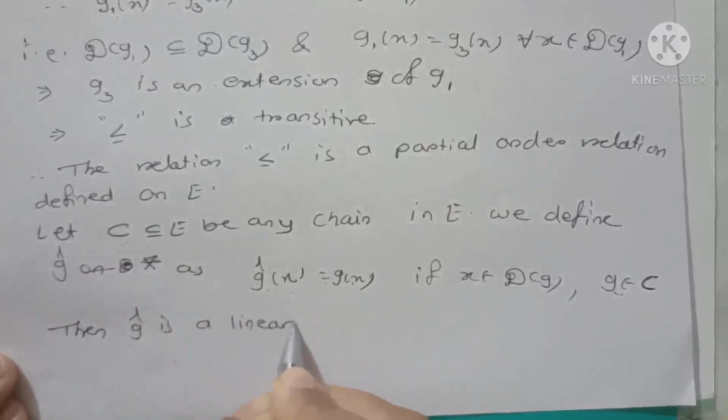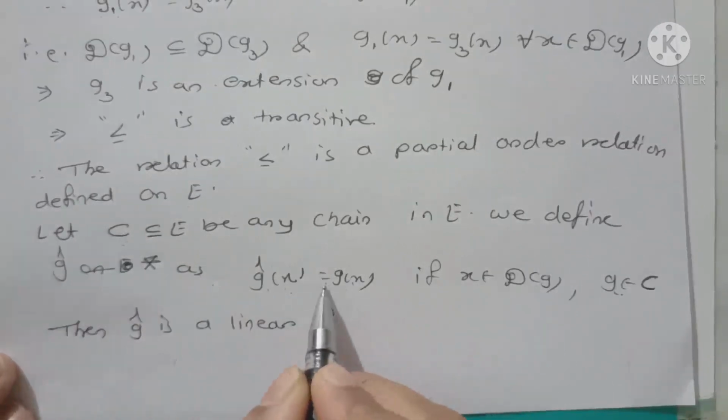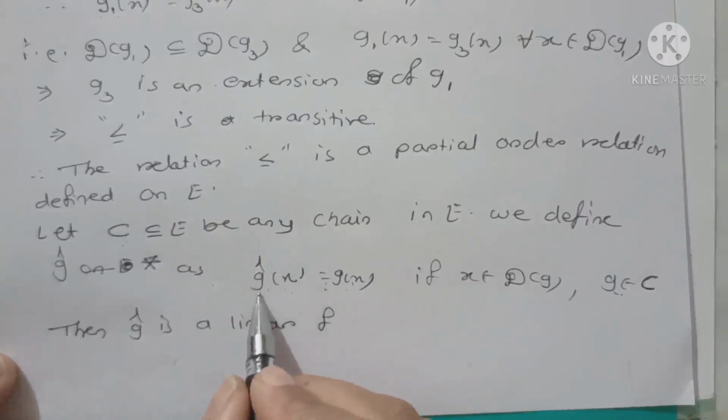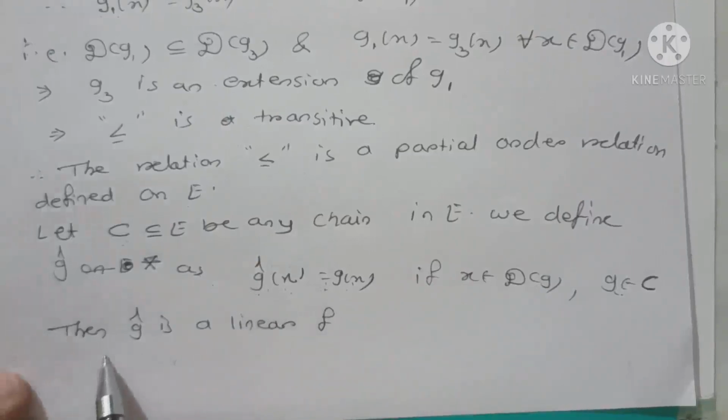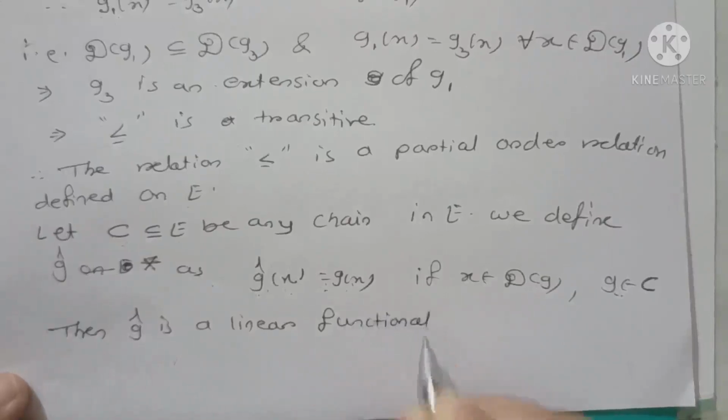It is a linear functional because g-hat of x equals g of x, and this g is a linear functional. Therefore g-hat is also a linear functional.